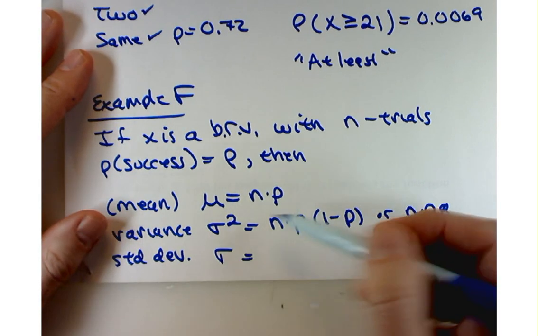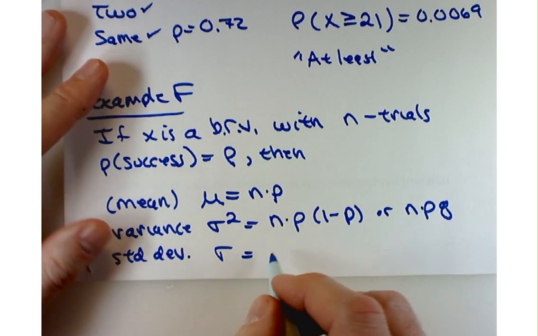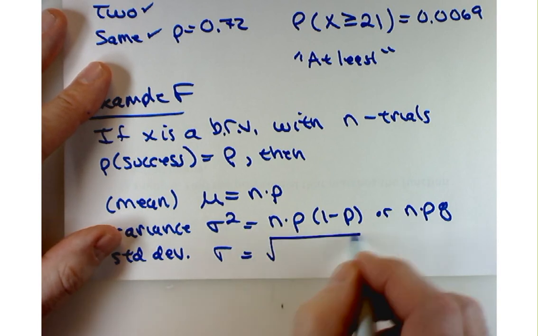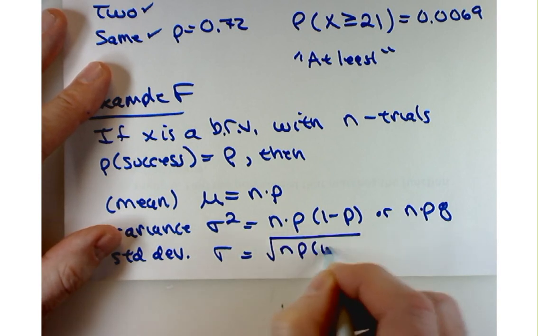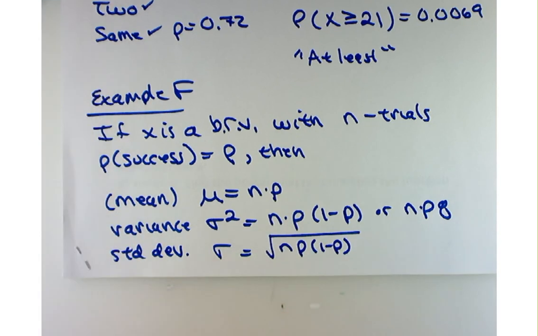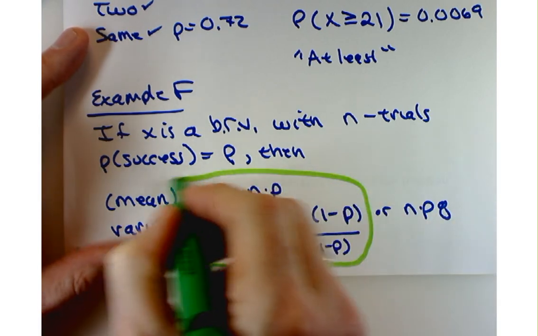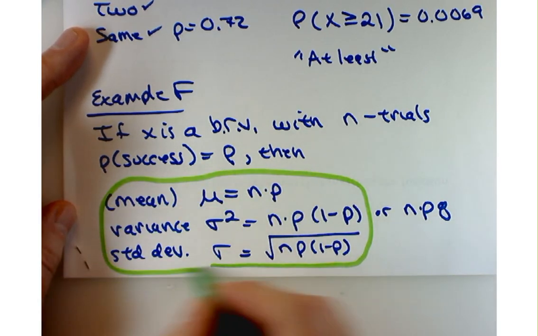Can anyone tell me what that was going to be? So to get from here to here, I have to take the square root. So, boy, that's a lot easier than doing all that work with the rest of these things.